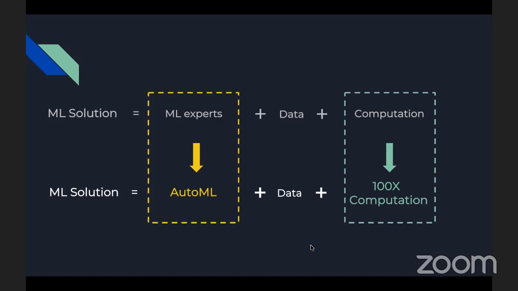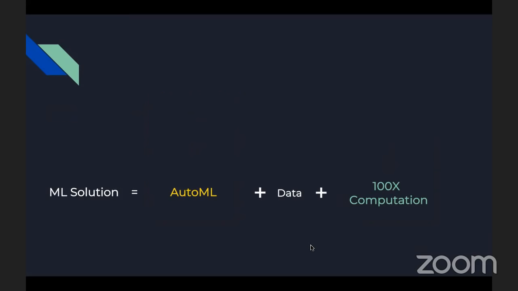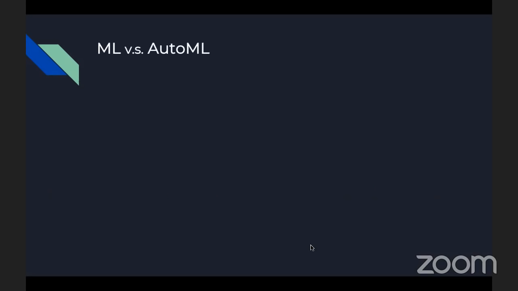For those logic, which is very complicated, and for that domain human knowledge, which is very complicated and cannot be materialized as an algorithm, we pay 100x more computation. Then it becomes a new formula for the machine learning solution, which is AutoML algorithm plus data plus 100x computation. If we can do it this way, then it changes the game a little bit.